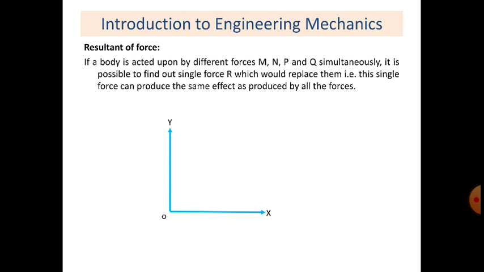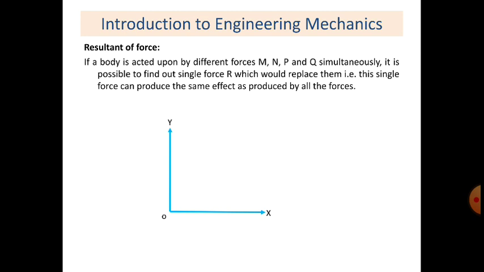What we can do is replace all these three forces by one force, in such a way that it has a larger magnitude and the same effect that all the three other forces were giving.